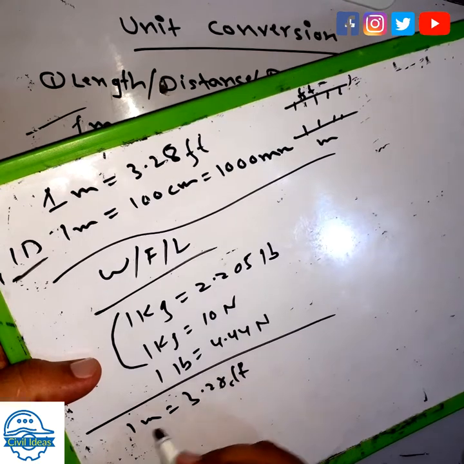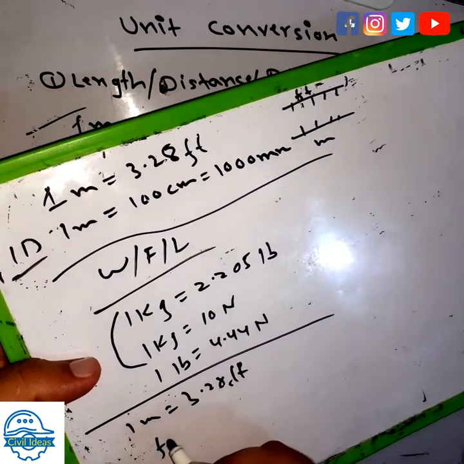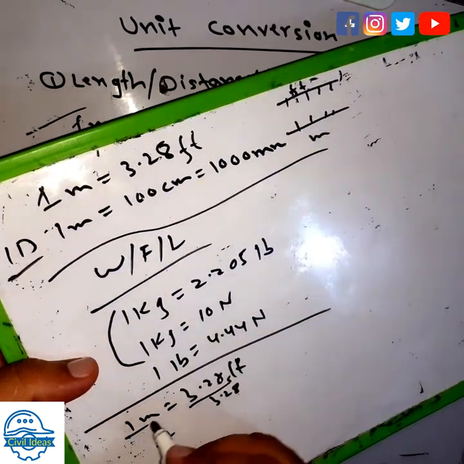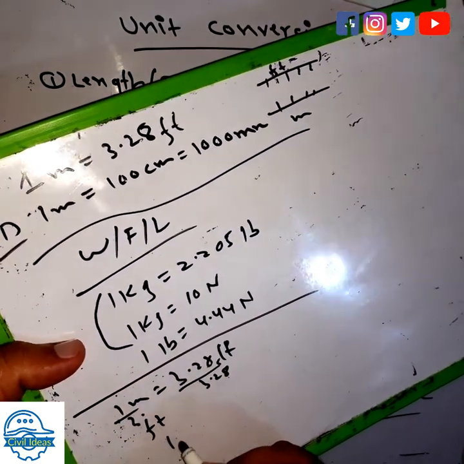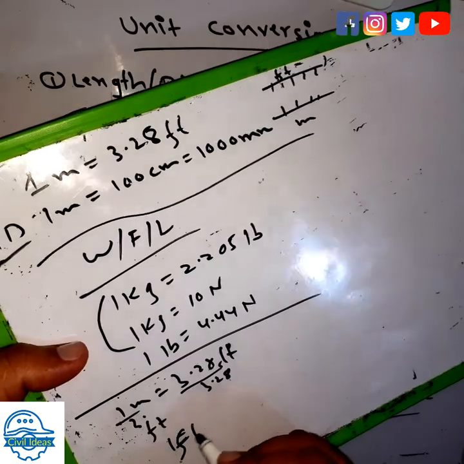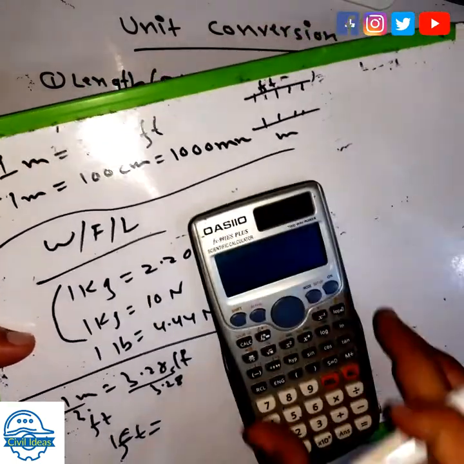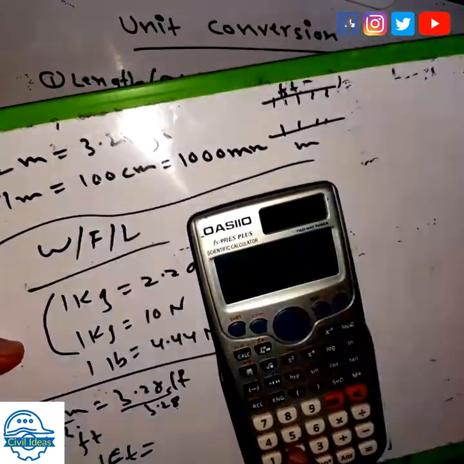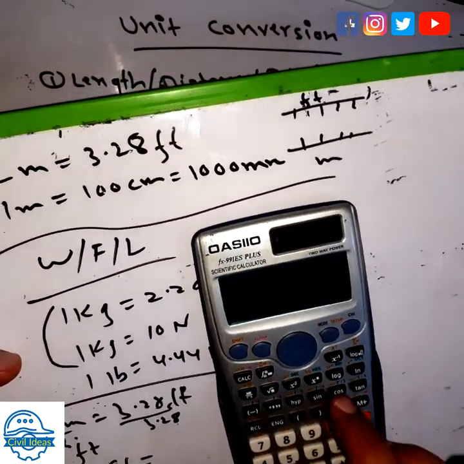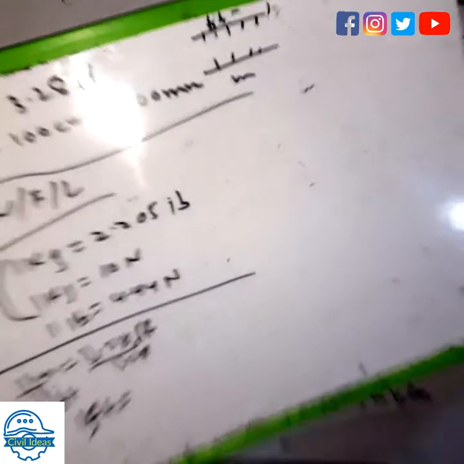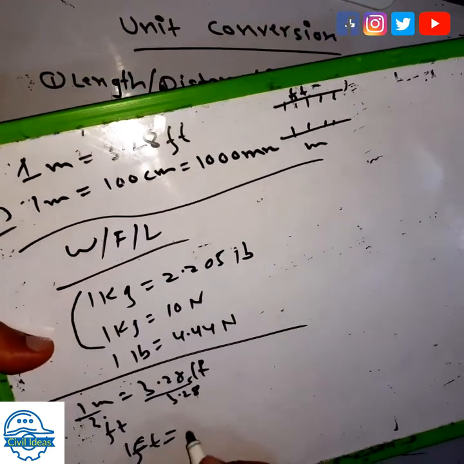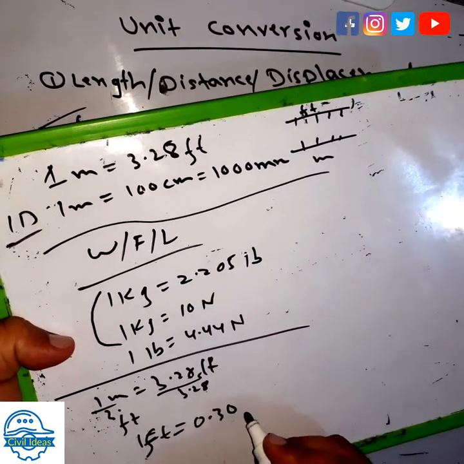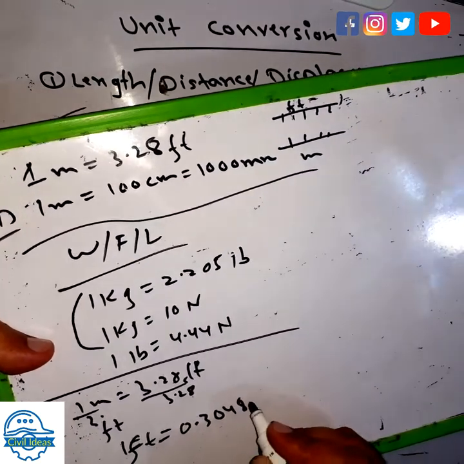If you want to convert feet into meter, what you have to do is divide by 3.28 on both sides. Then you will get 1 foot is equal to 1 divided by 3.28, which is 0.3048 meter.